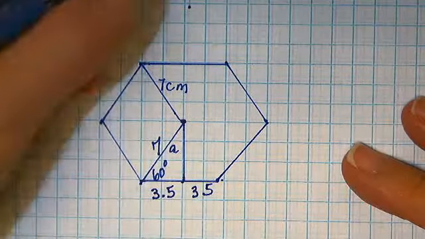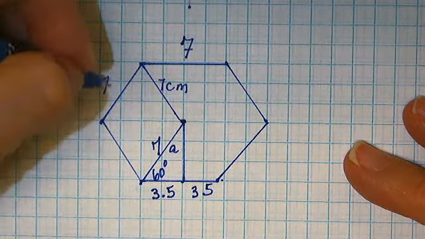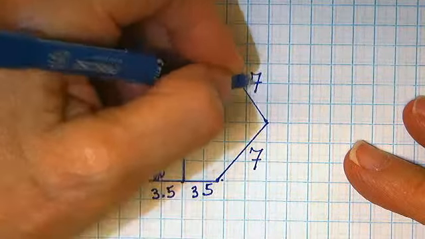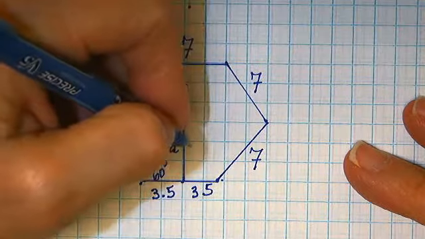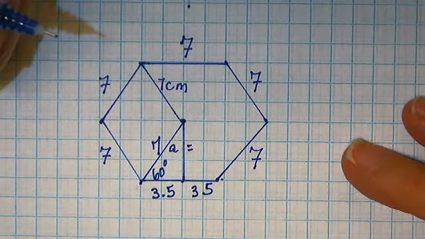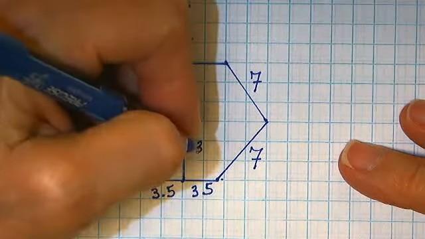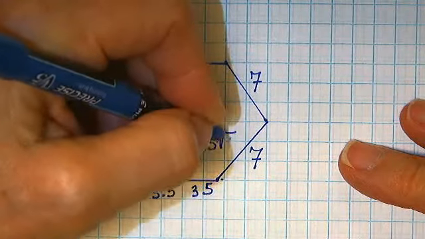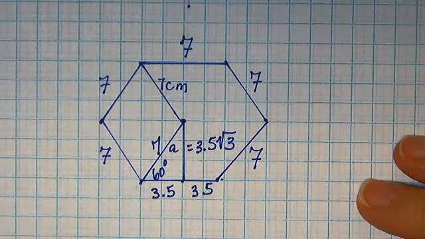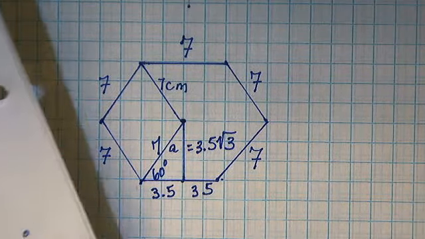That means my side length is also 7. And my apothem, which is what I wanted to figure out at the beginning, is 3.5 times the square root of 3. So now we have a very simple calculation.